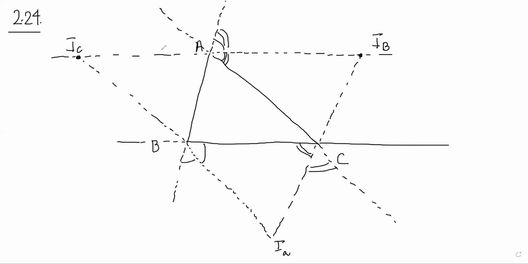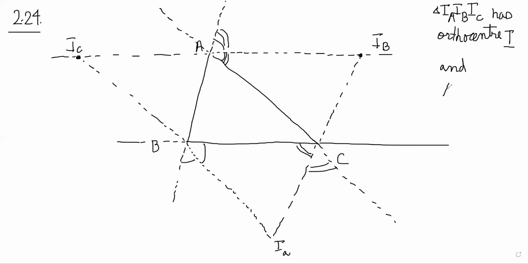What we have to prove is that triangle IA IB IC has orthocenter I, which is the incenter of the small triangle, right? Yeah.